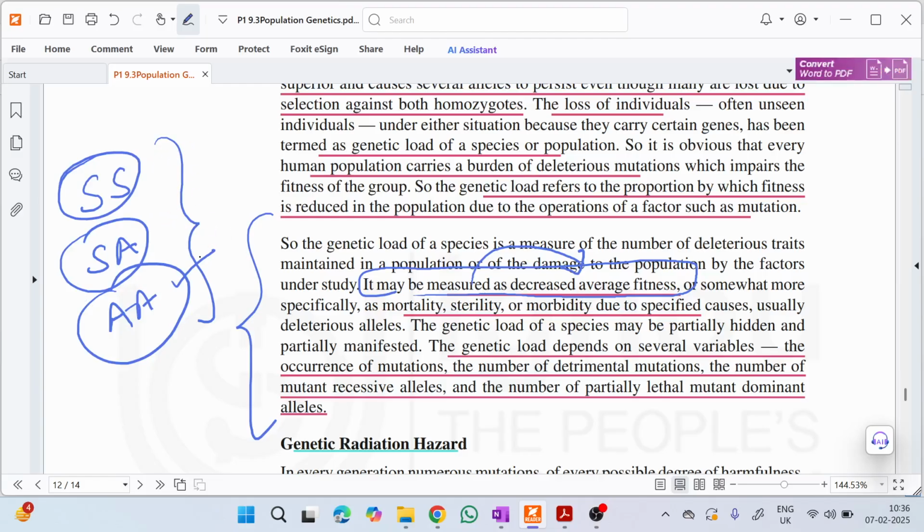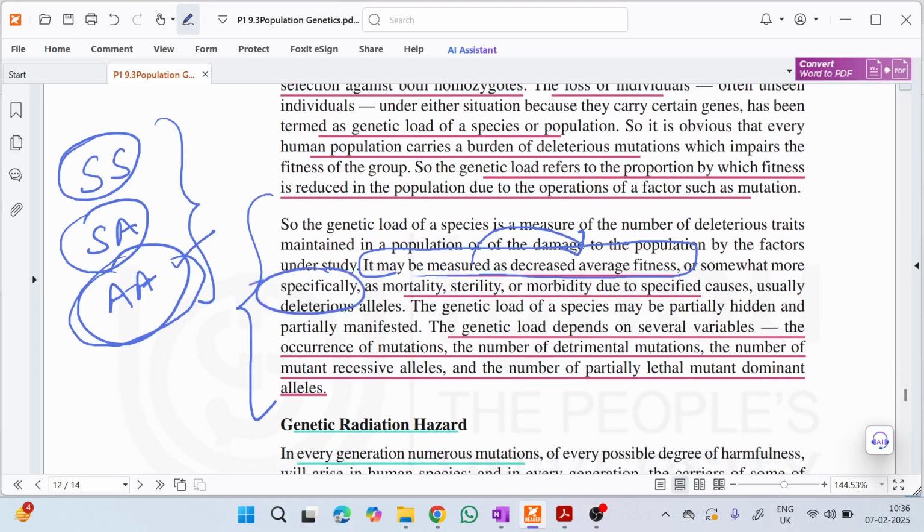So on average, this particular group has a reduced fitness due to the presence of deleterious alleles. This decreased fitness is the measure by which genetic load is measured.